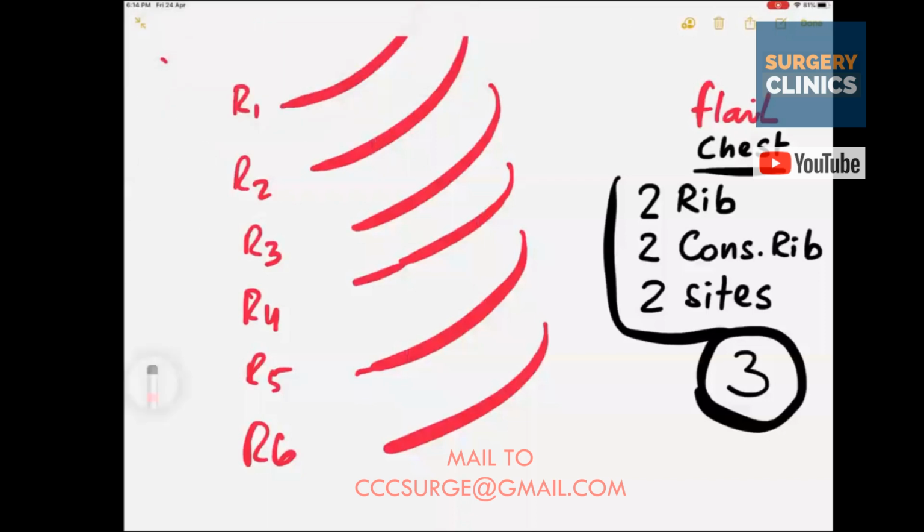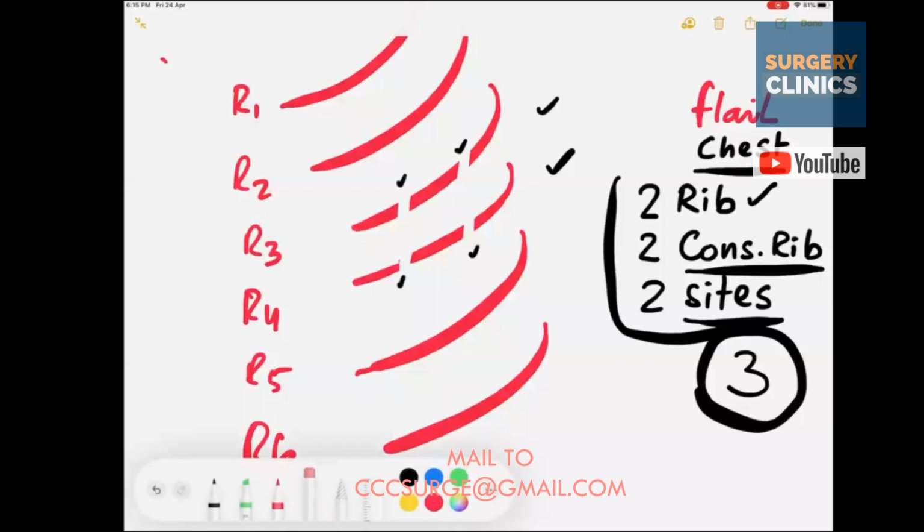A flail chest is one in which there is fracture number 1, fracture number 2, fracture number 3, fracture number 4. So 2 ribs, remember, 2 consecutive ribs, and 2 sides. That means if there are more than 2 sides, there is no problem.